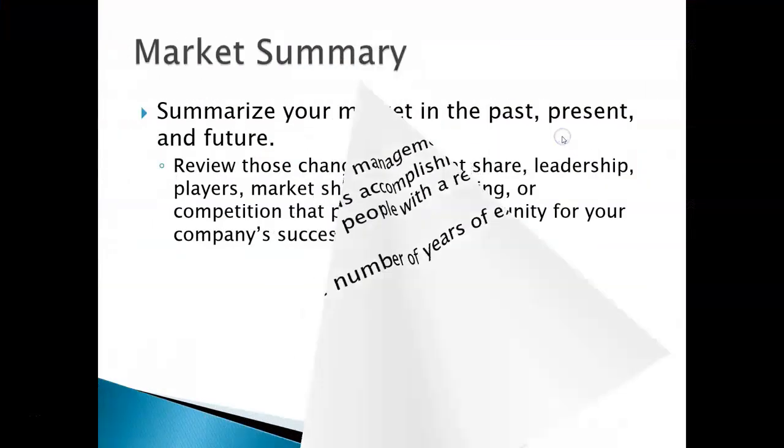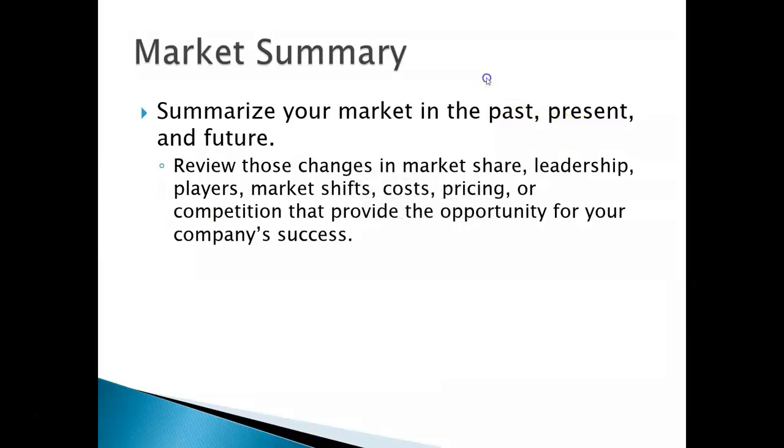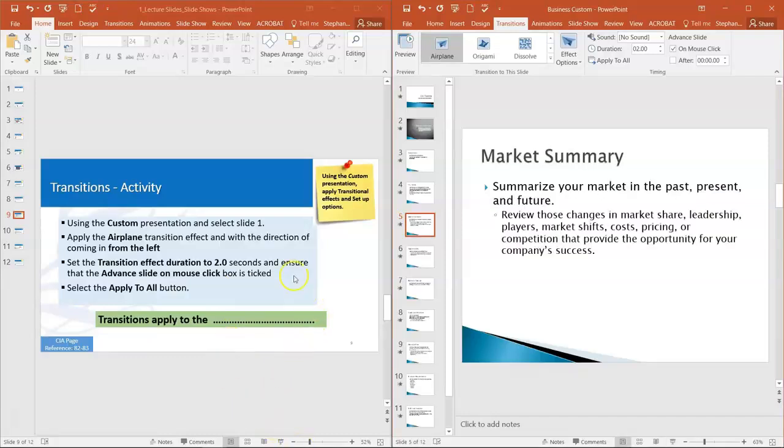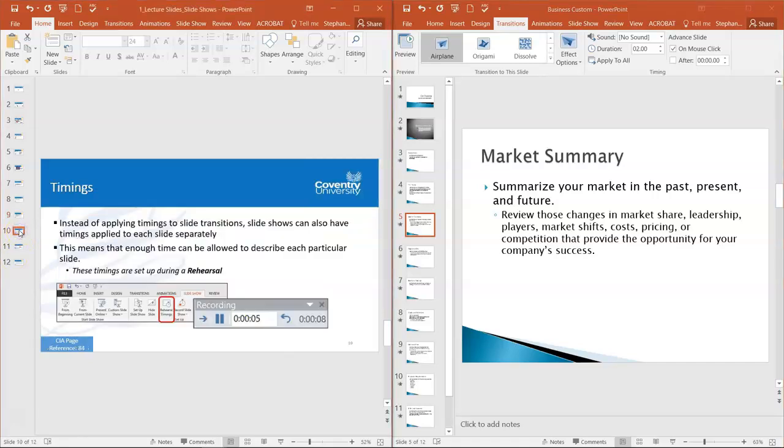Ooh. I don't know about you, but I don't find that as soothing as the previous one, but hey ho, it's just applying something, effects, and setting up the options, which is the sort of thing you'll do in the exam anyway.